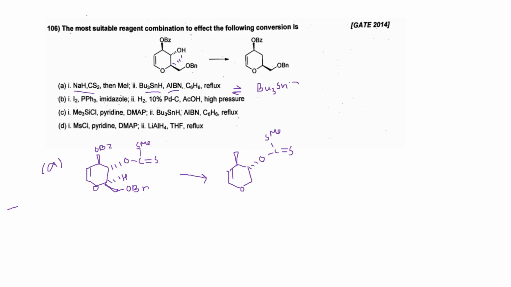This Sn dot will add to this sulfur. This goes here and this bond breaks. I have shown a single-headed arrow because a radical is reacting, so you have to show it through a single-headed arrow. I am not writing the OBn. So there will be a radical generated.